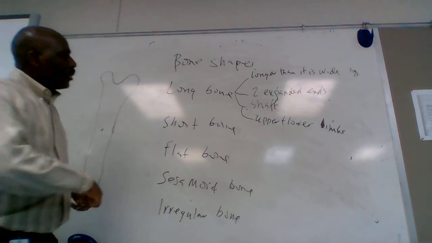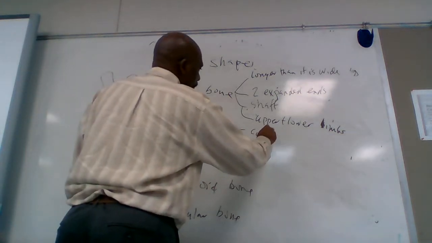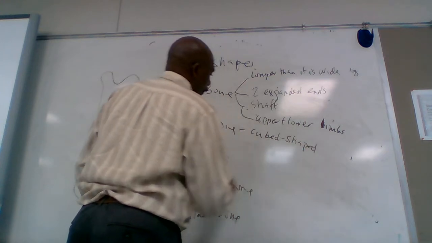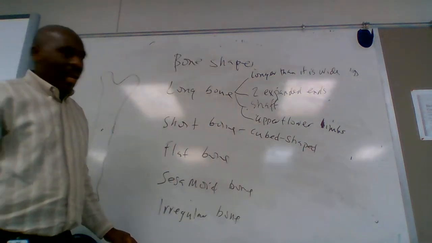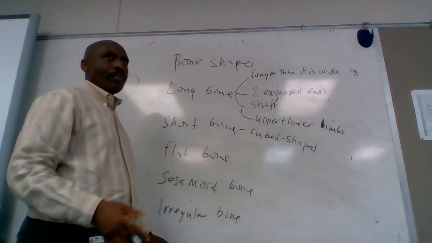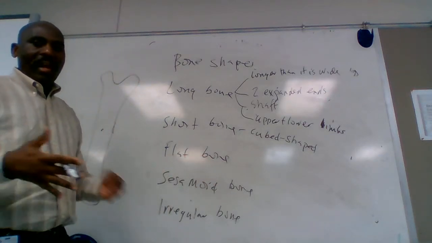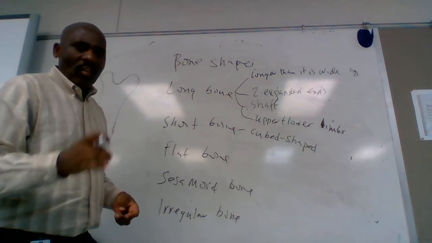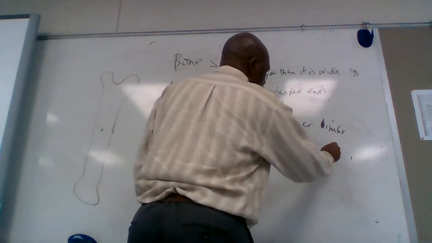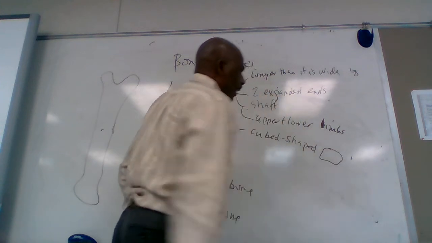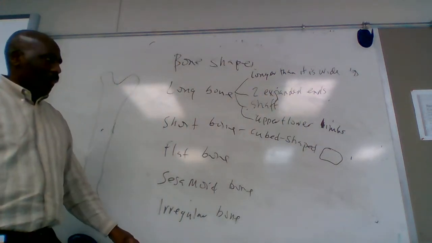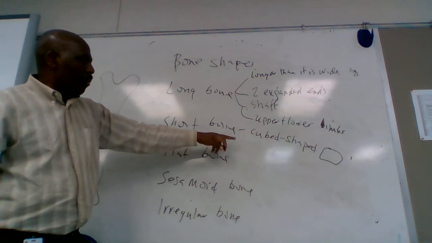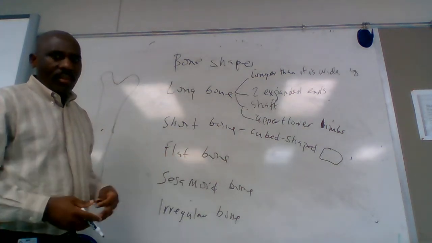Short bones are cube shaped. A cube shaped structure in the human body is not exactly like a mathematical cube. It's going to be more something like that. That will qualify as a cube shape. All of their sides are about equally the same.